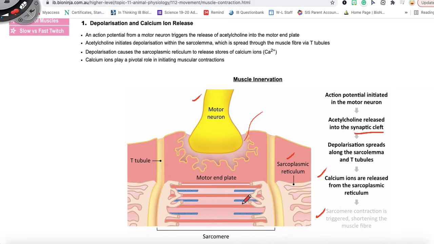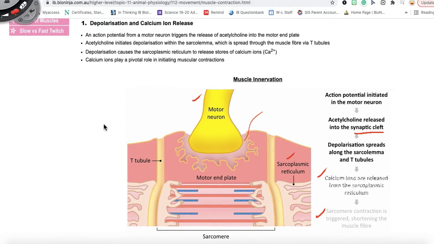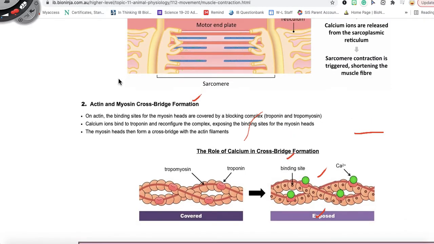So we're going to see it contract in just a moment. Here it goes. Contraction. So notice that when the sarcomere contracts, we see an overlap of the myosin and the actin.